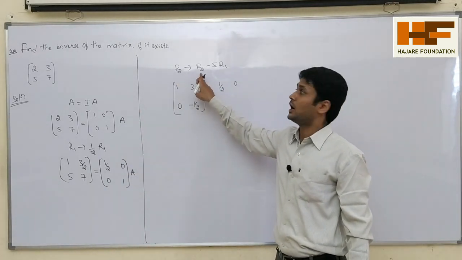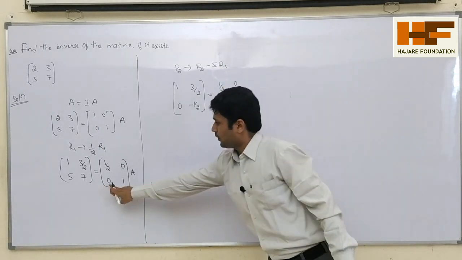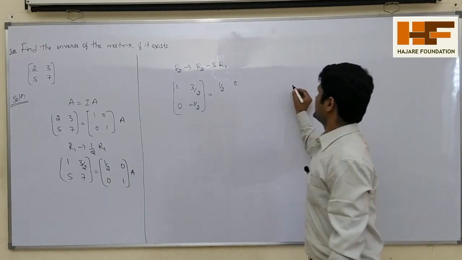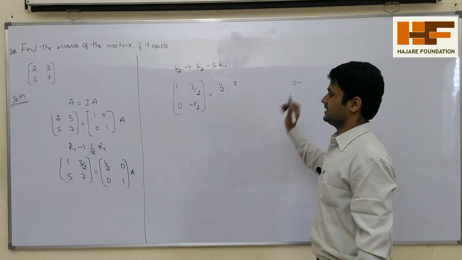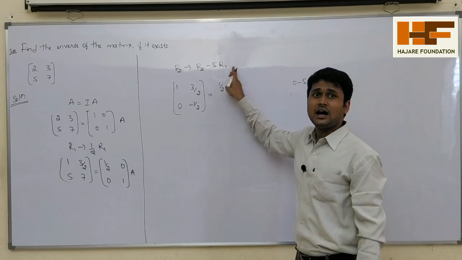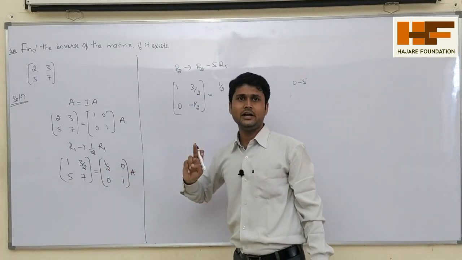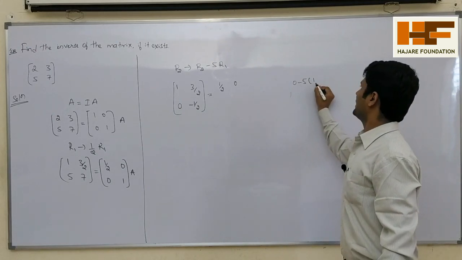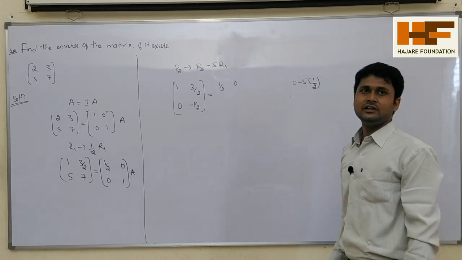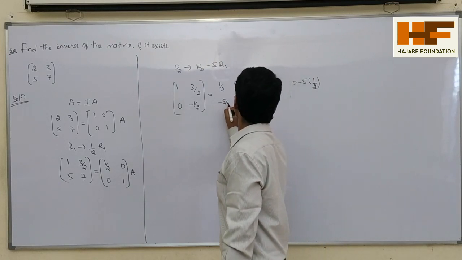R2 changes to R2 minus 5 times R1. What is the R2 element here? 0. 0 minus 5 into the corresponding R1 element, 1 by 2, into 1 by 2. Simplify the term, the answer is minus 5 by 2.